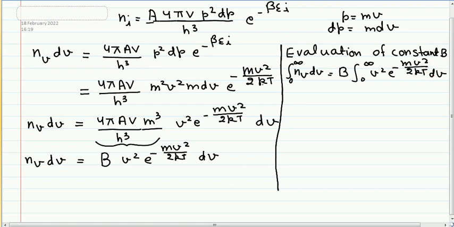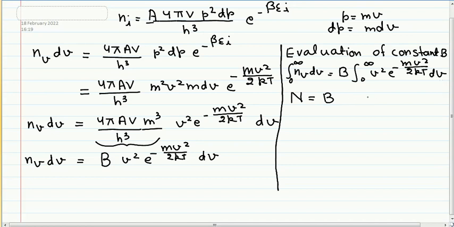Now this n(v) dv means all the particles having different velocity, different speed within the limit 0 to infinity. We are calculating here speed, therefore the limit is 0 to infinity, and so this will become the total number of the molecules, which is capital N. So capital N is equal to b, and then we have the integration 0 to infinity v square e to the power minus mv square upon 2kT into dv.